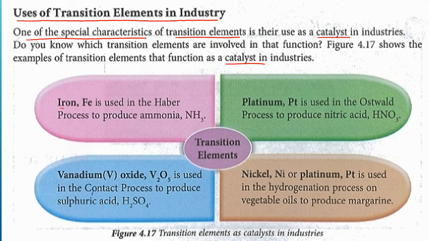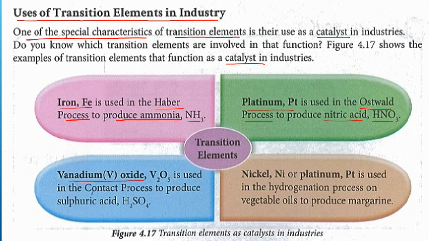First one is iron Fe, used as catalyst in Haber process to produce ammonia NH3. Okay, platinum Pt, catalyst in Ostwald process to produce nitric acid HNO3.